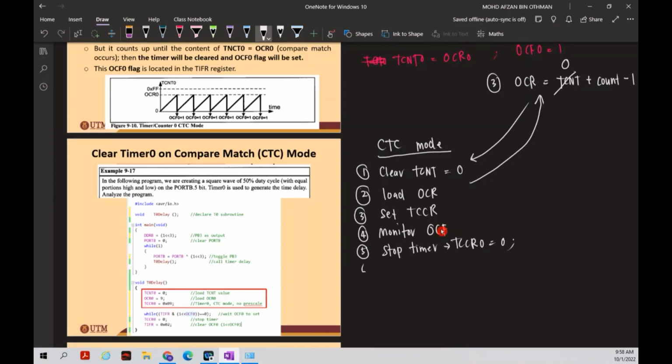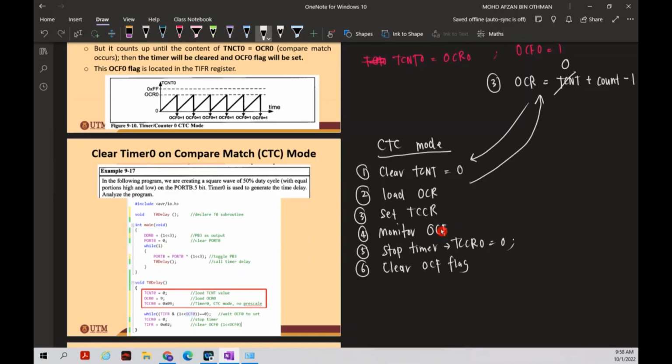Step number 6, after you stop the timer, you need to reset, that is, clear the OCF flag. How to clear the OCF flag? By putting 1 to your TIFR register.